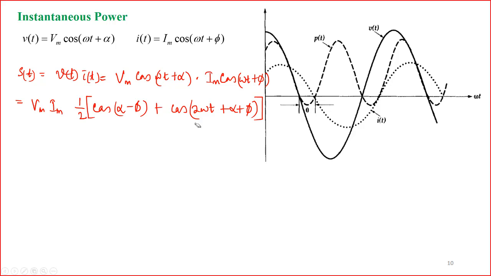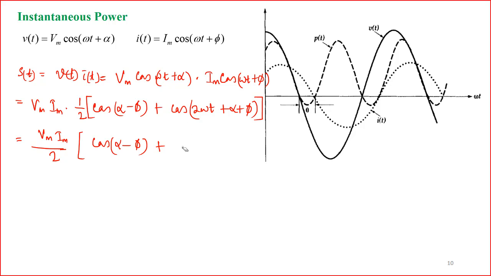I am just writing in terms of cos a minus b plus cos a plus b, right? So now I can write this as Vm Im by 2 cos of alpha minus phi plus cos of... I just expand this.